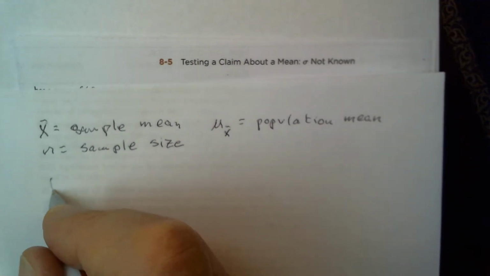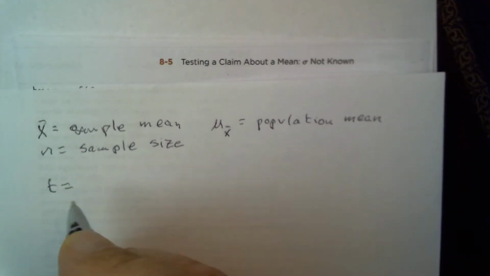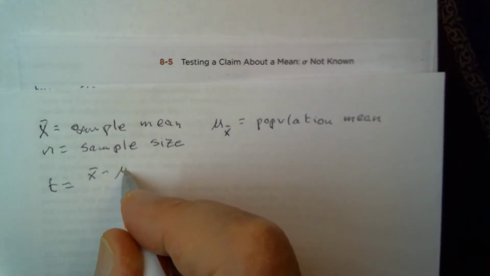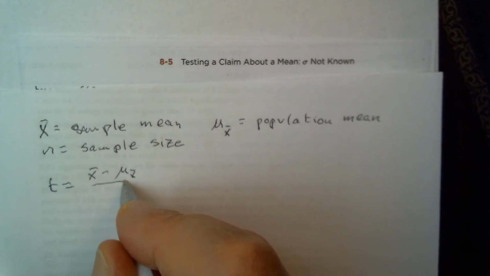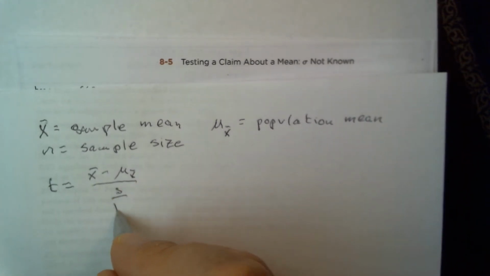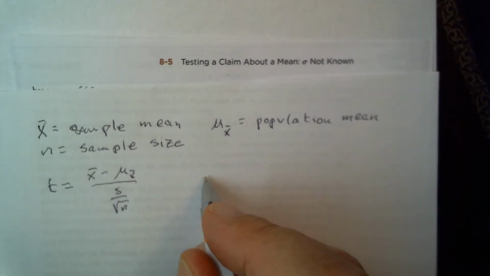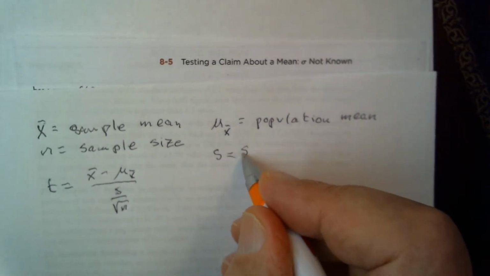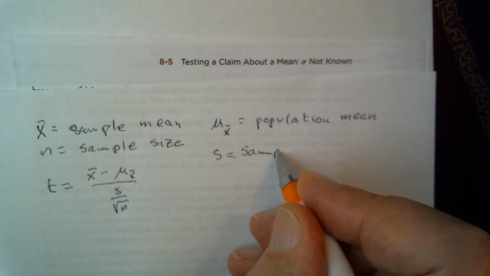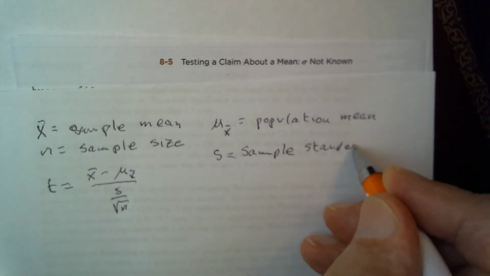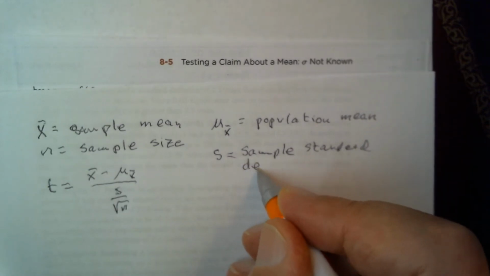Then our test statistic is equal to the sample mean minus mu sub x bar divided by s divided by the square root of n, where s is the sample standard deviation.